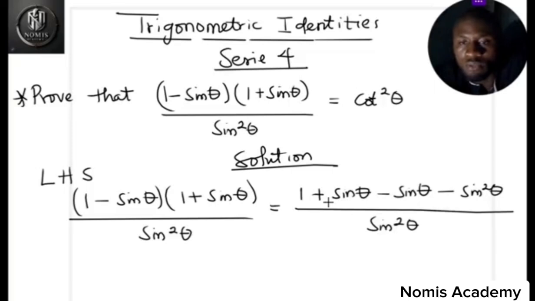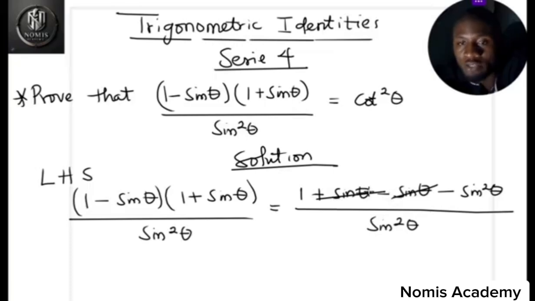So looking at it, I have plus sine theta minus sine theta. Mind you, this is minus sine squared theta, so I cannot say minus sine squared theta cancels plus sine theta. Instead, I can just say plus sine theta cancels minus sine theta because they have the same value, but one is negative and the other is positive.